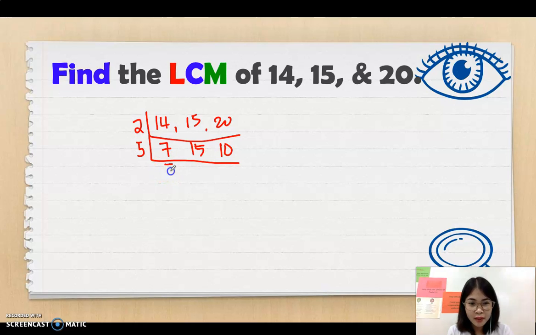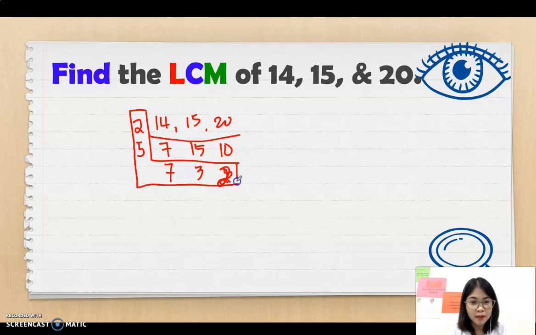So there's no common factor for 7, 3, and 2 anymore. So you can end there and you multiply the prime divisors and the last quotient. So the factors are 2, 5, 7, 3, and 2.